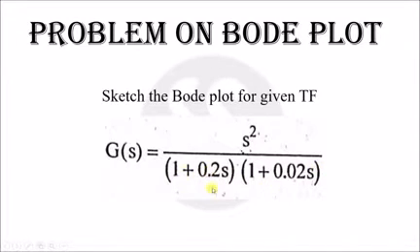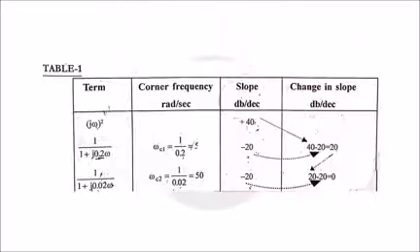So we have two terms which are like 1 plus something s. After removing these two, we have only s squared. So it depends upon your equation, you may have s squared by something or s by something. So you need to remove all these terms first. Then after removing them, this value has to be considered. Okay, so please take care of this.